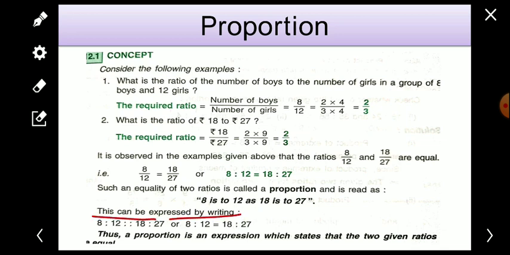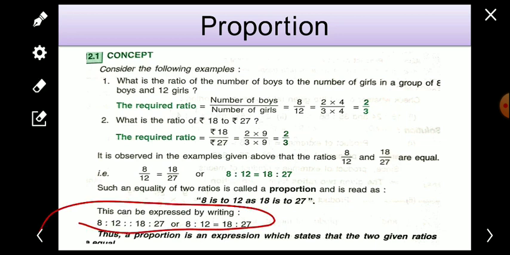In place of the equal sign we can put 4 dots, as it has been put here. So we can see that 4 dots have been placed in place of the equal sign. Got it? So both are equal.